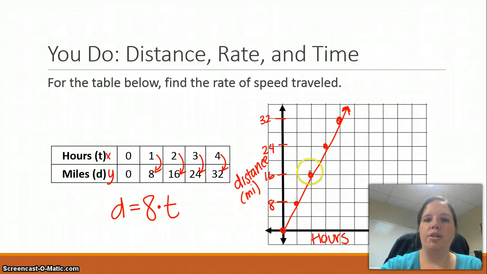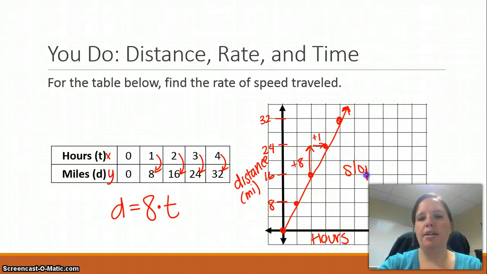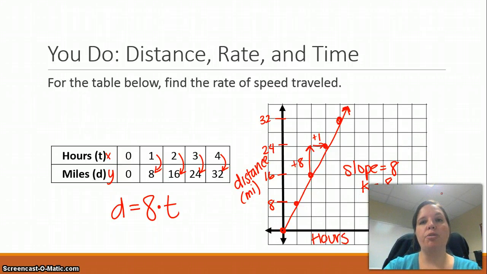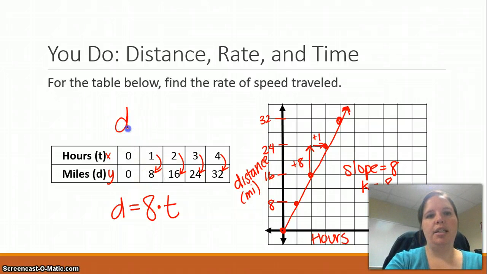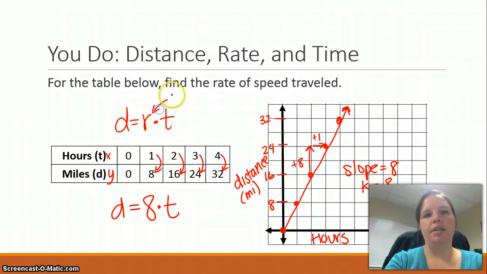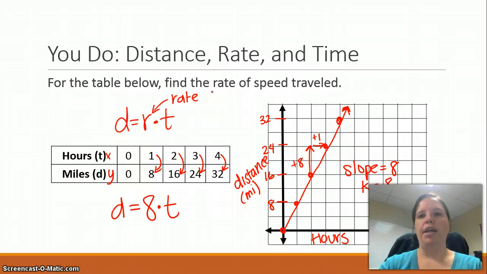What I really want you to notice, though, look at this slope. Up 8 over 1, the slope of 8, and the constant of variation, k equals 8, the slope tells you the rate of speed traveled, because it's d equals rt, and so that value, that's the rate, that's the speed that they're moving.